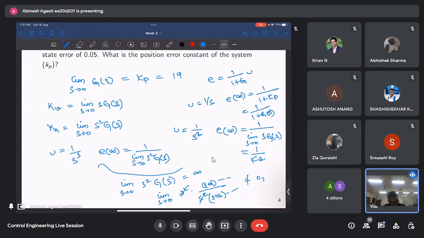This won't be equal to 0 or infinity, but we want it equal to 0. So we need another pole at the origin, so that if I have limit s goes to 0 s square into something by s cube into something, then this will be infinity. So then the steady state error will go to 0, correct? Yes.